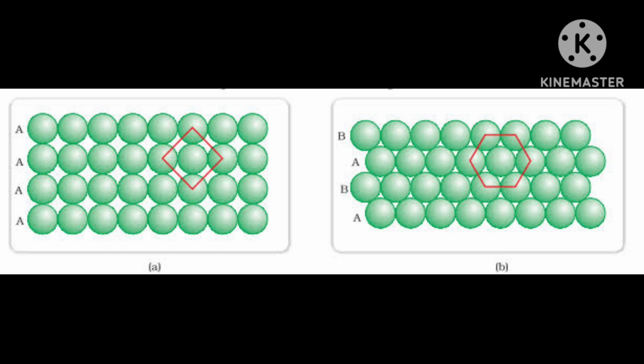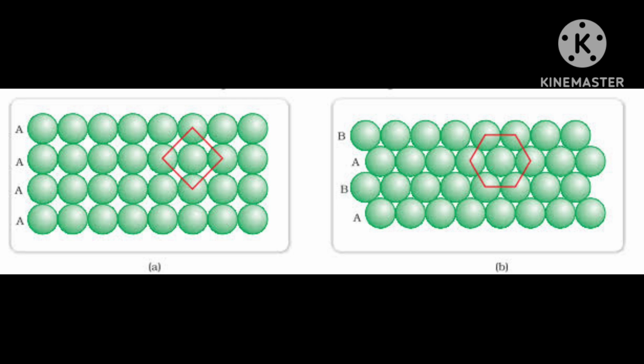Now I am telling you a little more about what I already discussed. In this arrangement, second dimension only, each sphere is in contact with 4 of its neighbors.